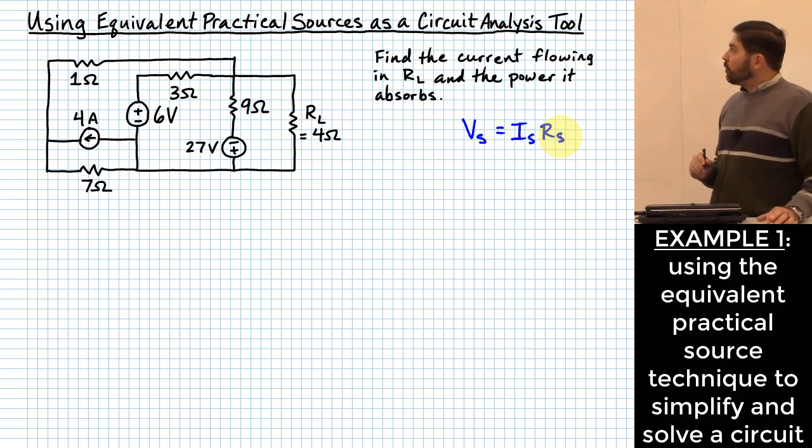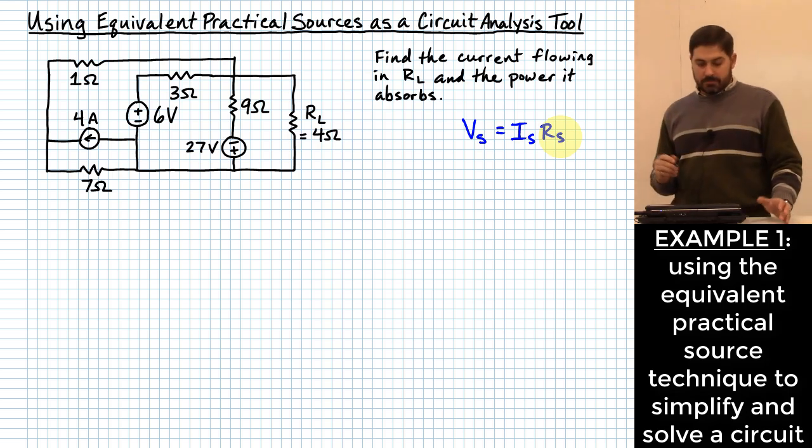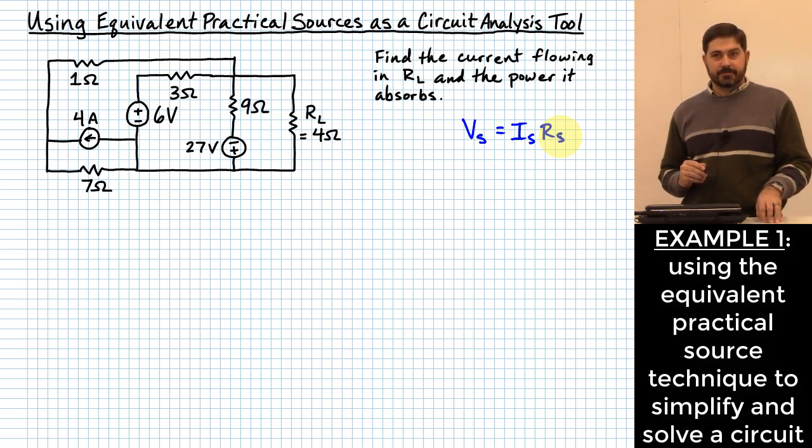And what we need to look for is, do we have any practical voltage sources or current sources, or some combination thereof? Do you see any practical voltage sources or any practical current sources? Or multiples?